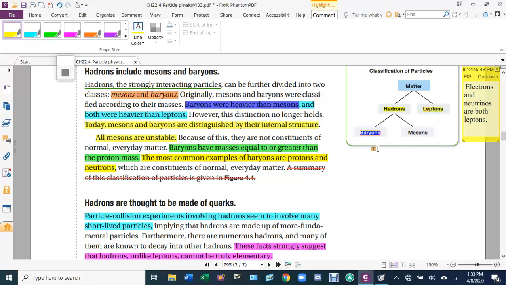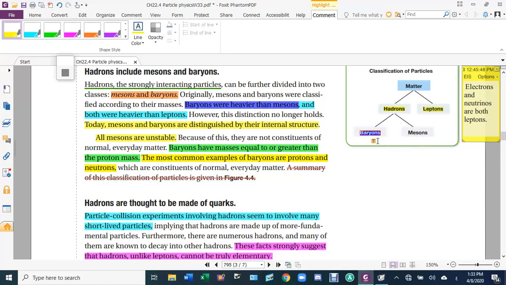Today, mesons and baryons are distinguished by their internal structures. All mesons are unstable, because of this, they are not constituents of normal, everyday matter.